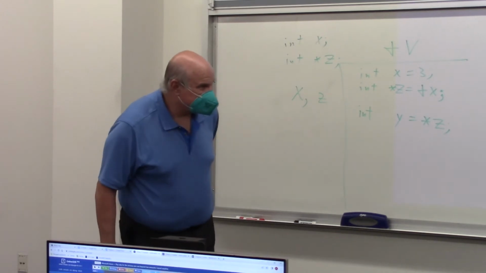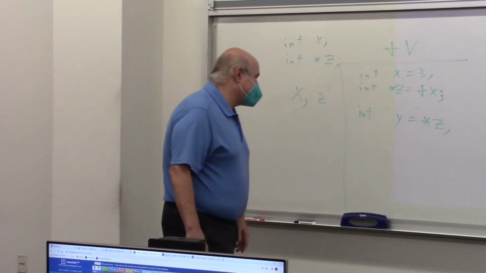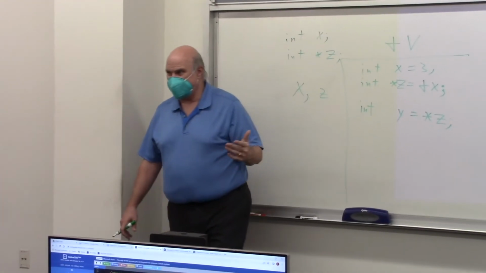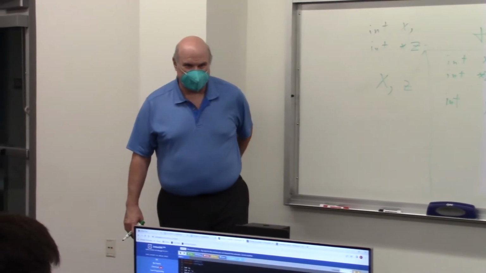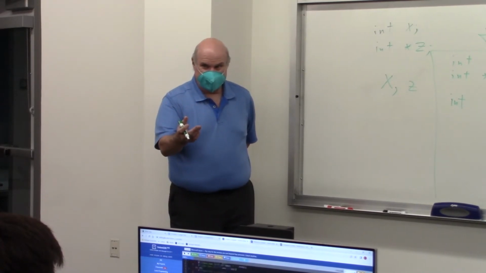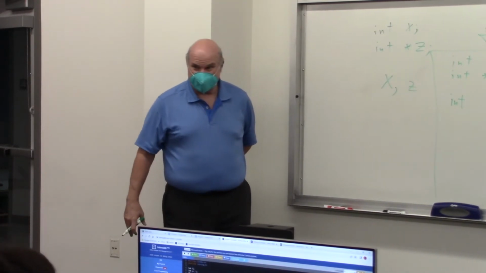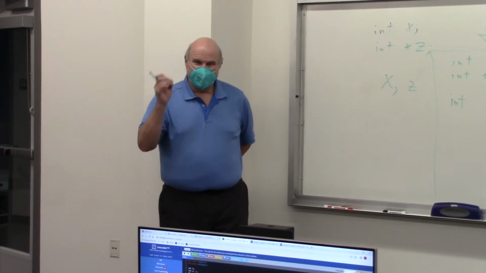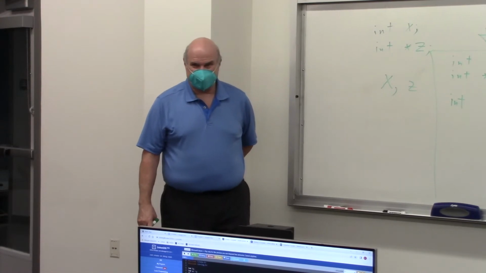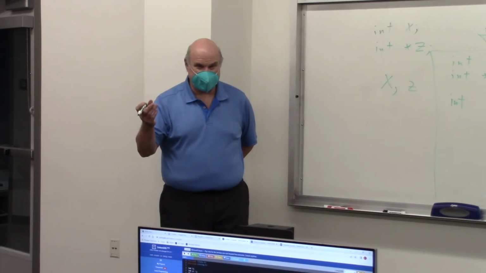Okay. Value versus reference types. A value type is everything in C except for a pointer, which comes from using the reference operator or arrays. Everything else is a value type. Integers are value types.